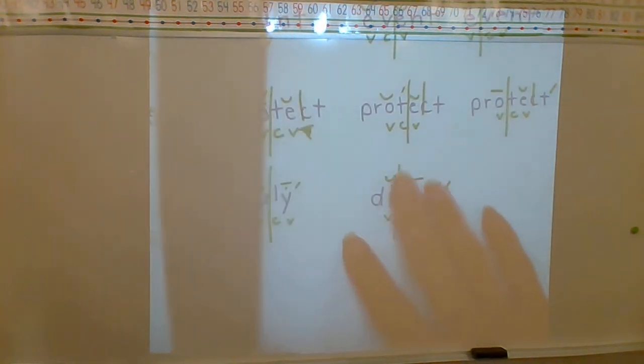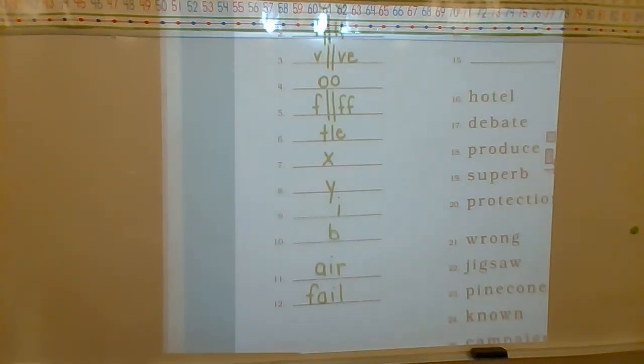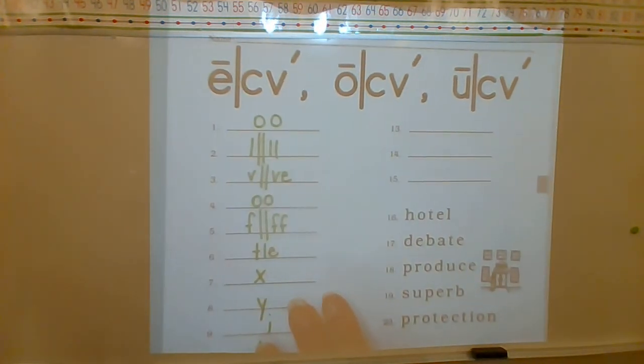So here's what we're going to do. We're going to practice. Everybody get back to your worksheet. You can pick your pencil up. And we're going to practice spelling at number 13. On number 13, can you spell the word event? Event. Sound it out.